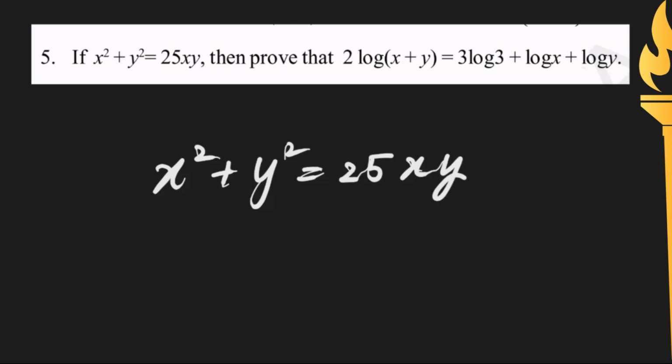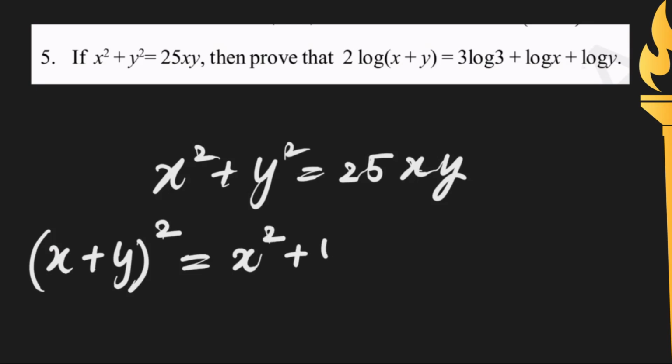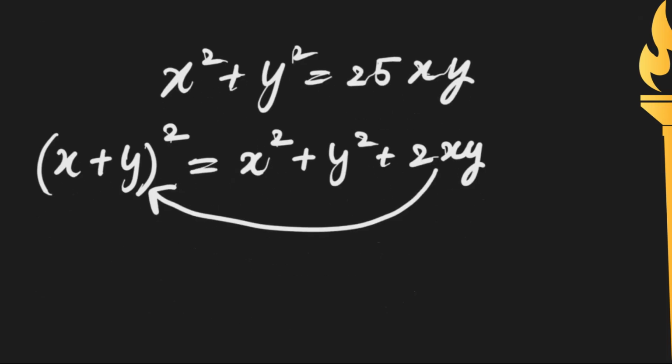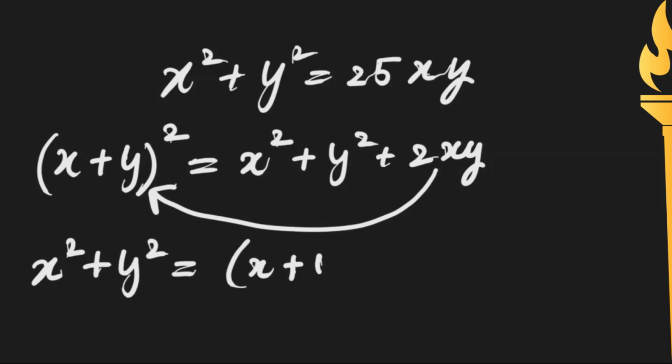We know one formula, one theorem: x plus y whole square is equal to x square plus y square plus 2xy. If we bring this to the left hand side, we'll get x square plus y square is equal to x plus y whole square minus 2xy.